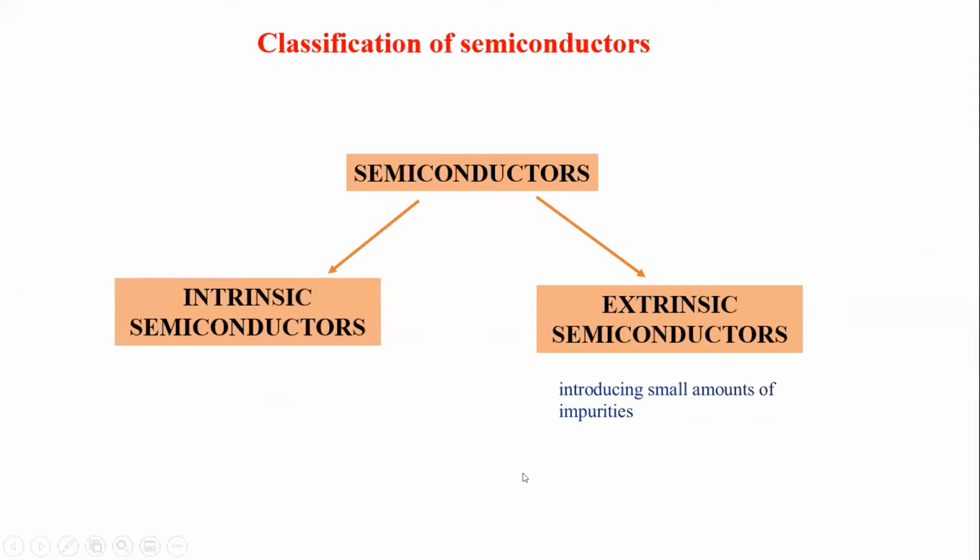Semiconductors can be classified into intrinsic and extrinsic semiconductors, based on how they are prepared. If they are in the pure form, that is, no additional impurity is added to them intentionally. Mark my word, it is intentionally not added.